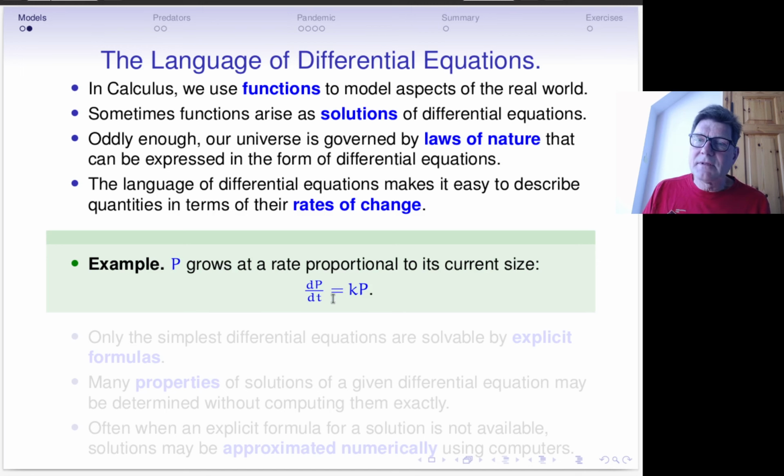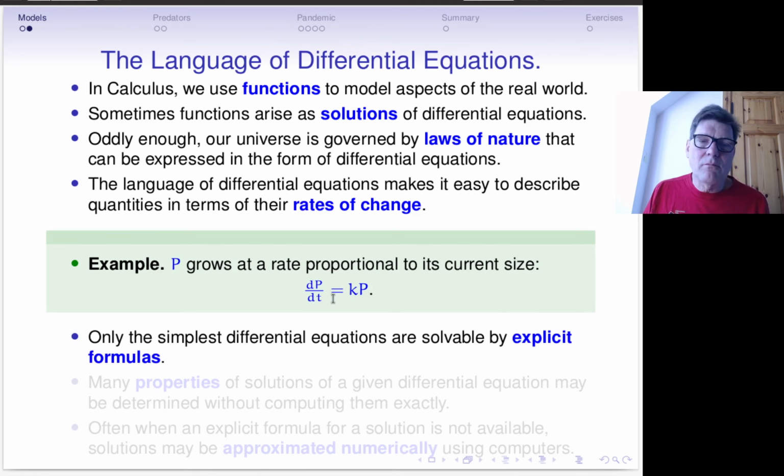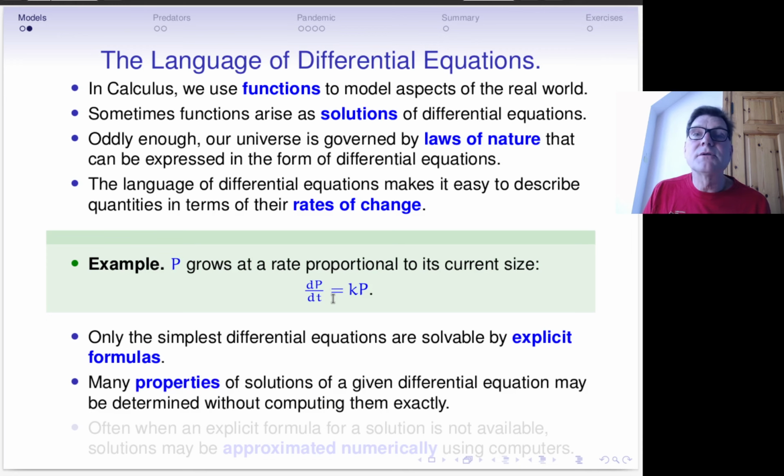And that's the selling point here, because most differential equations cannot be solved explicitly. We've seen a few, but these are like simple differential equations. You cannot always expect a solution for a differential equation.